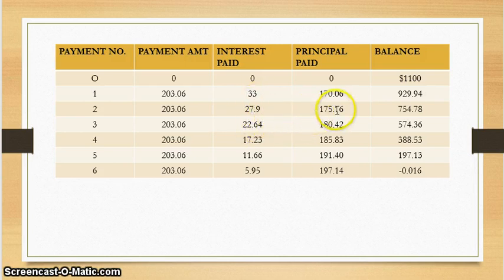Then to calculate the principal paid, you say payment amount minus interest paid. You get the value of the principal paid, $175.16.